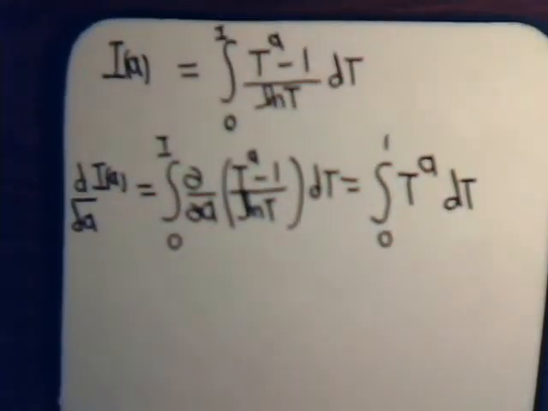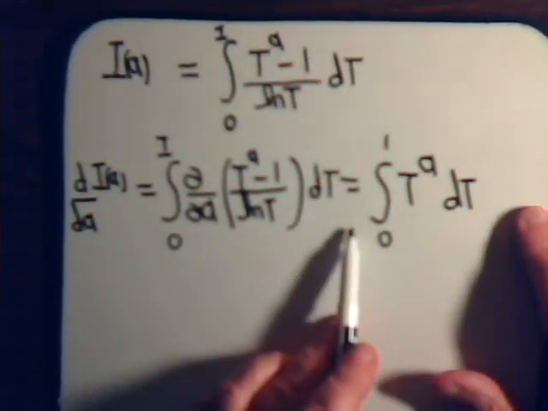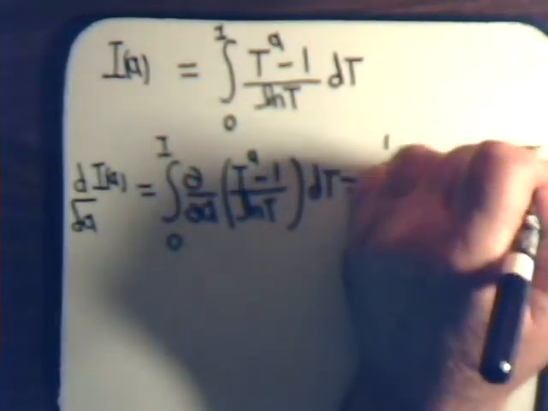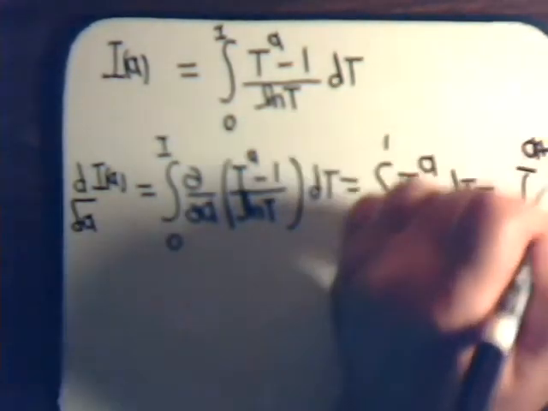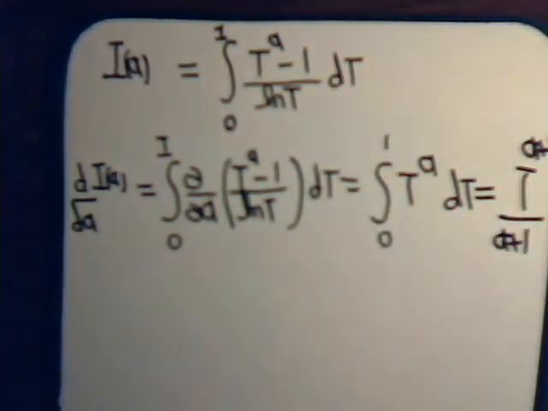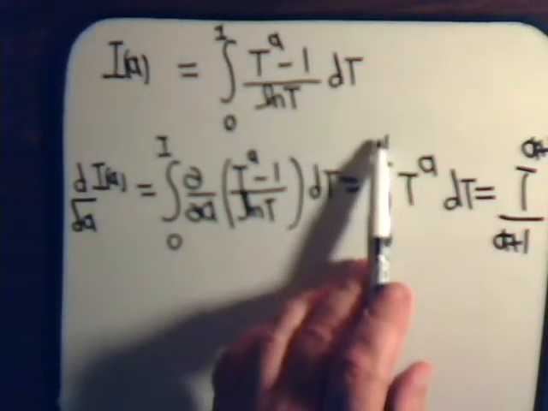So the derivative of this integral is this, and of course we know what this is. That's t to the a plus 1 divided by a plus 1. T goes from 0 to 1.